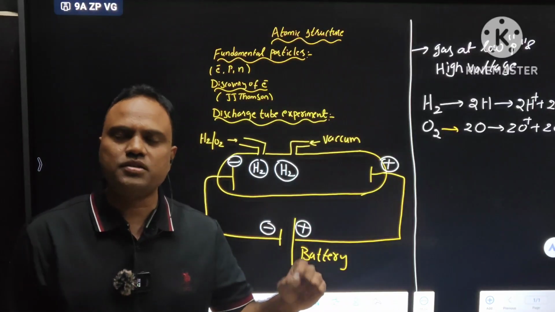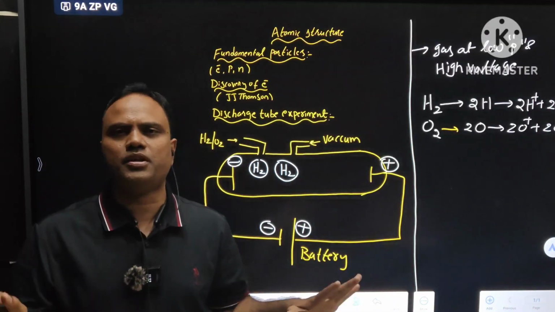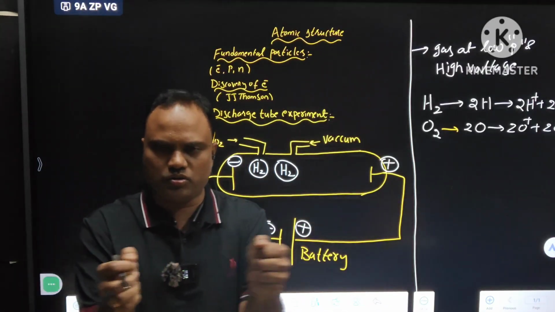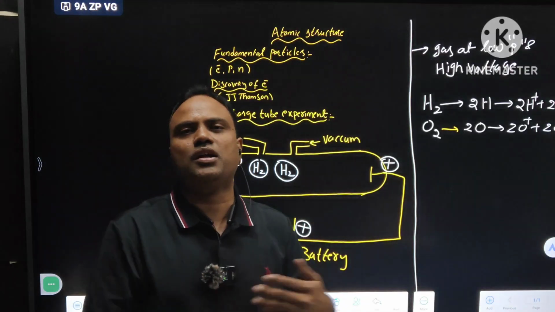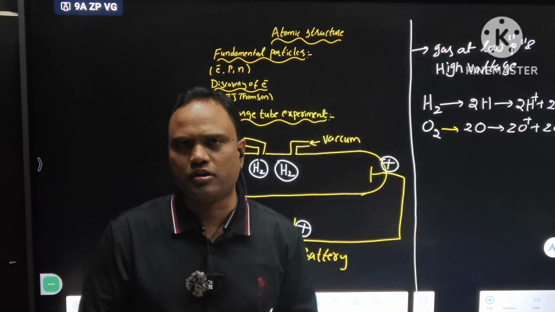Whether we send H2 gas or O2 gas, the same phenomenon takes place. First the molecule undergoes dissociation into atoms, and the atoms undergo ionization to produce electrons.